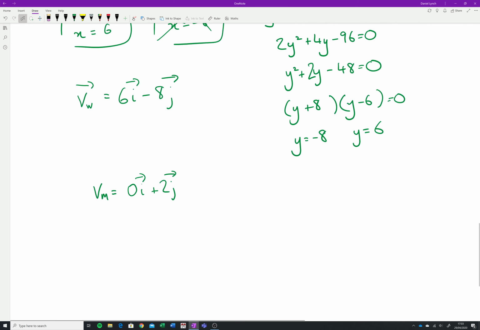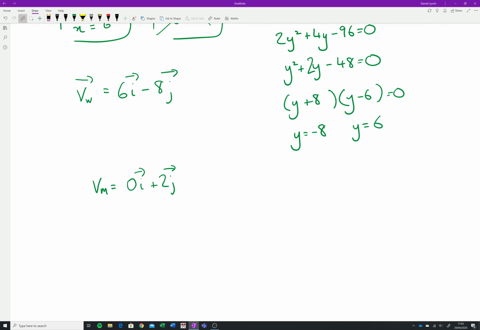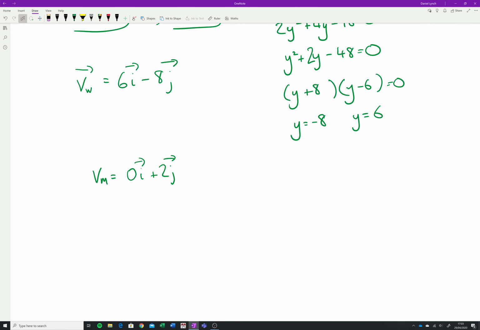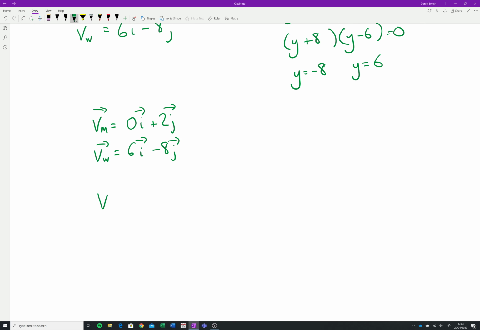The question is, from what direction would the wind appear to him to be blowing? So which way is the wind going? We already know the wind's vector. We just got it, 6i minus 8j. And the question is, what's the wind doing relative to the guy?